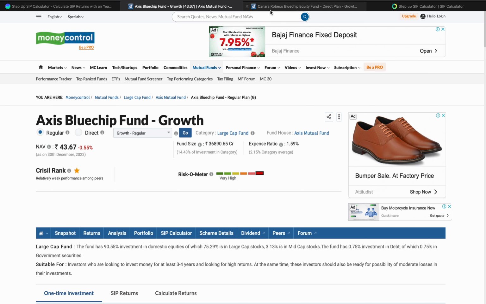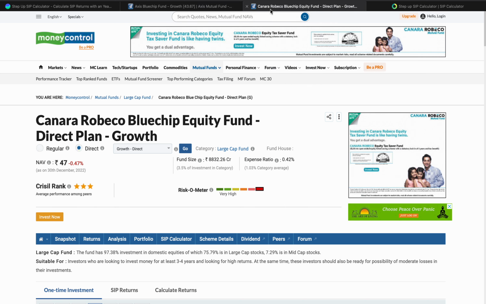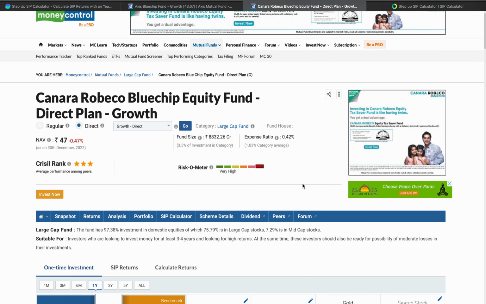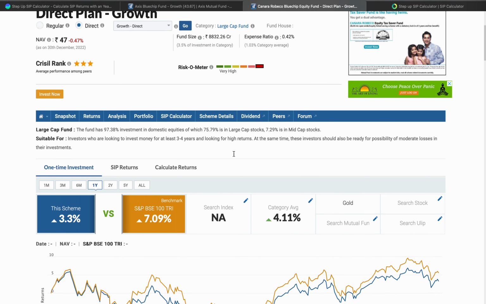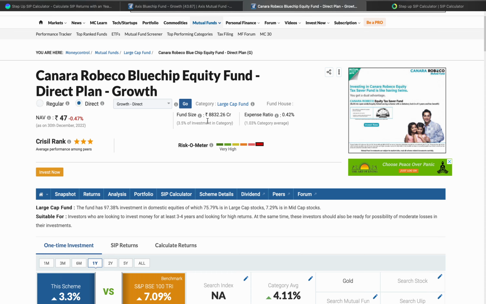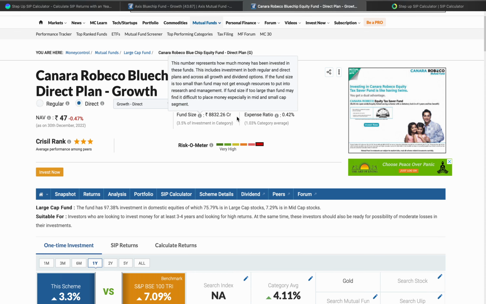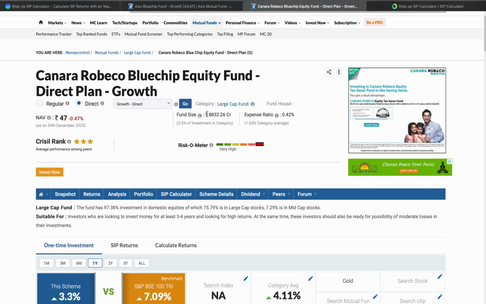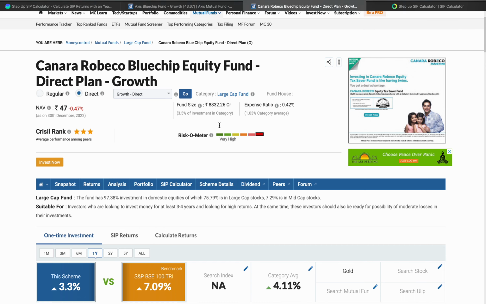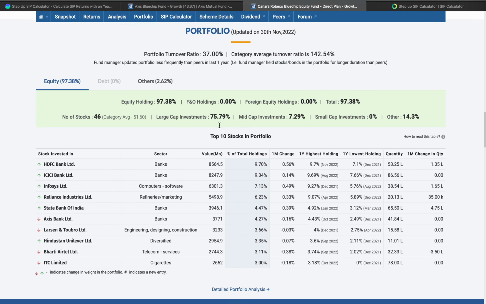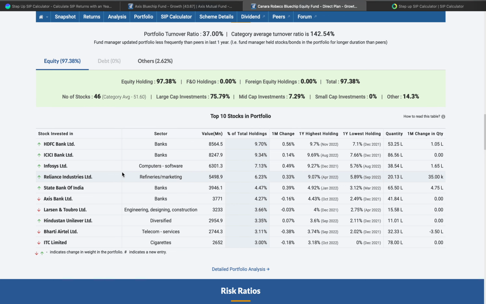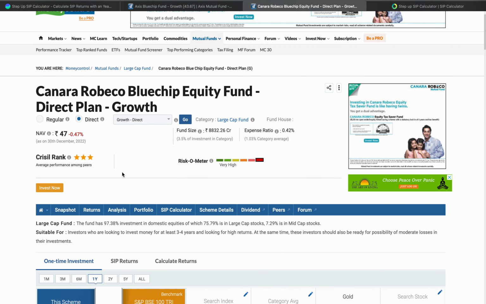And let's now discuss this particular mutual fund. This mutual fund size is currently 8,800 crores, and as this fund size is smaller, they have more freedom to invest when they like and where they want. The weightage is already mentioned here, so they would have more freedom to work with your money.